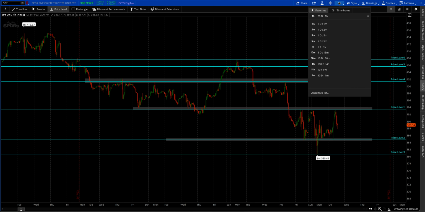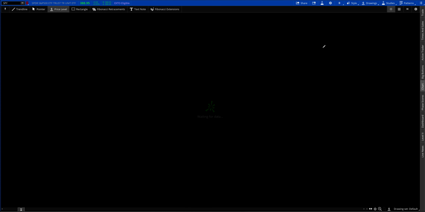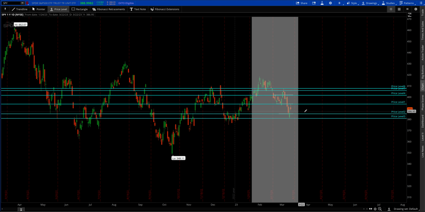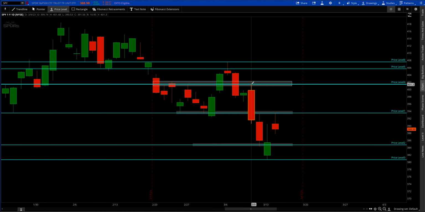Now let me go to the daily time frame and see if this matches up with anything. Okay, we see that one there's the top of this daily high candle, so that should be pretty good. Zoom this in. See, this one was the top of that day candle, so that's real good, and that one's close to that one.